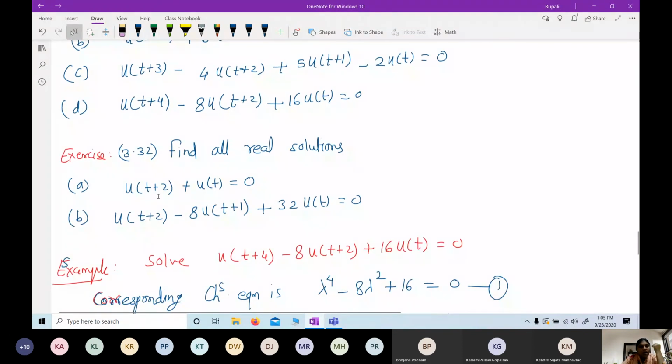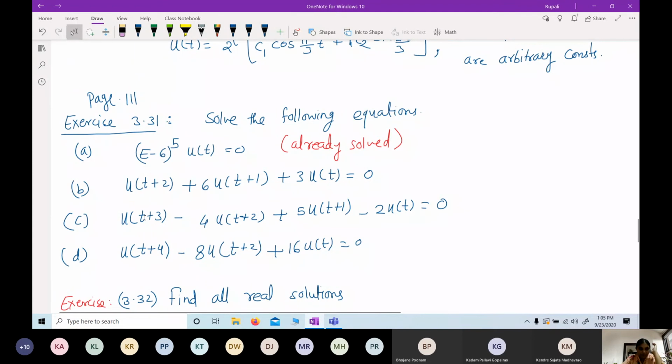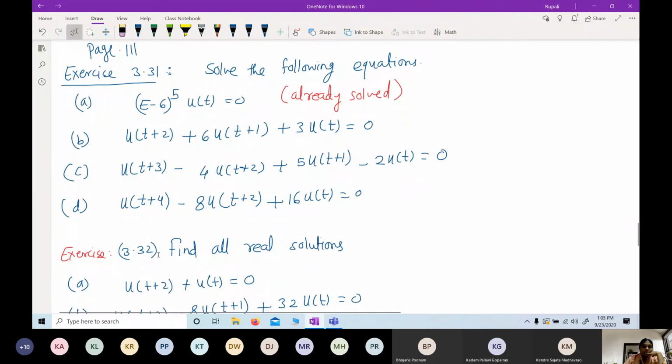This is also second order. This is also second order. So for second order, I think no problem. Only you have to use the formula. If not directly, you can use the formula minus b plus or minus under root b square minus 4ac divided by 2a. Okay. So this also solved.